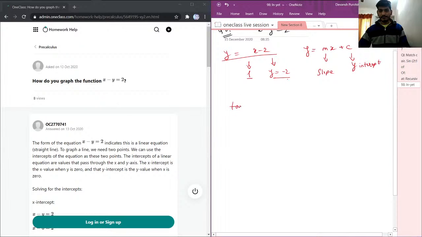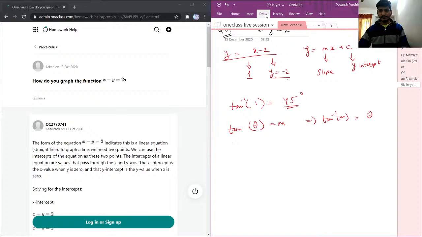So tangent inverse of 1, because my slope is nothing but tangent of theta, which is m, therefore tangent inverse of m will give the angle for the straight line. This equation is for a straight line, so I will write tangent inverse of 1 is nothing but 45 degrees.